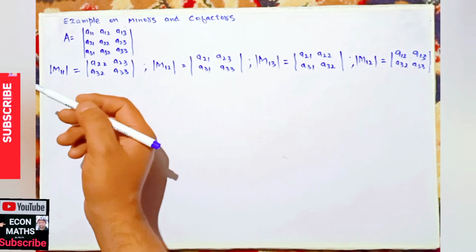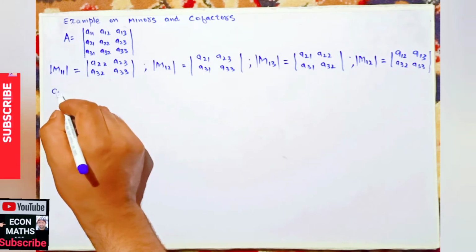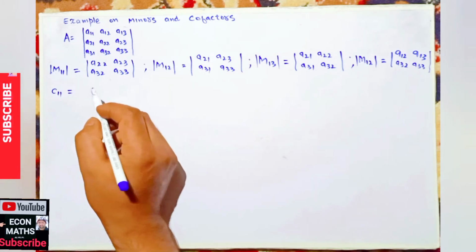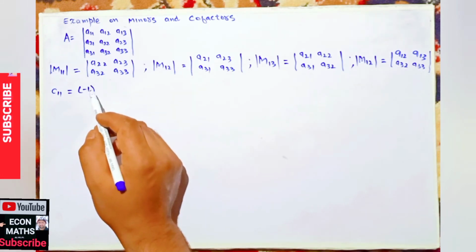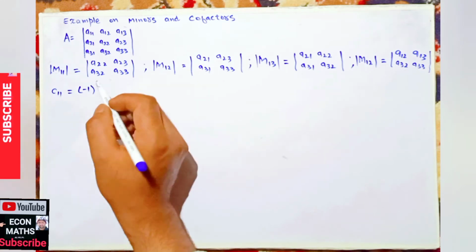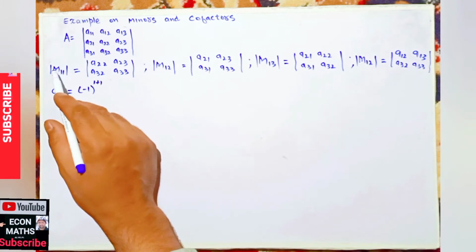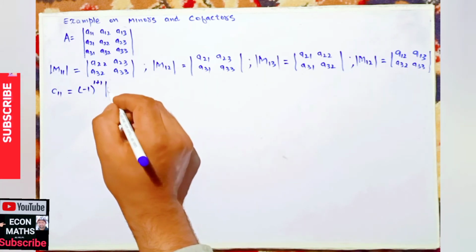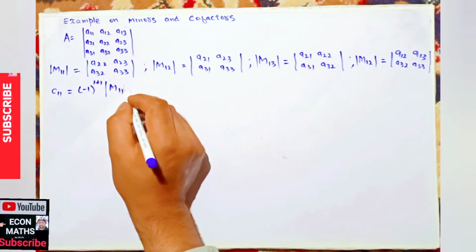That is, the cofactor C11 is given by: we take -1 and raise it to the power of the addition of the subscripts, that is 1 plus 1, and multiply this by M11.